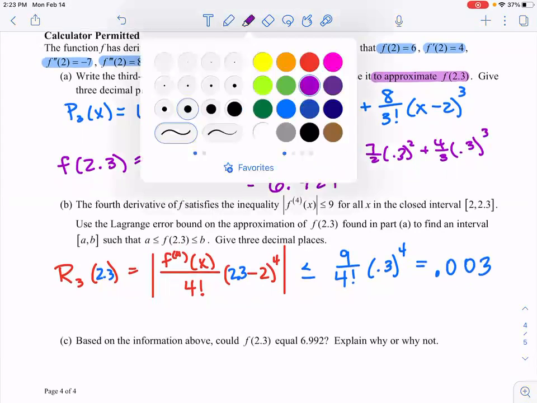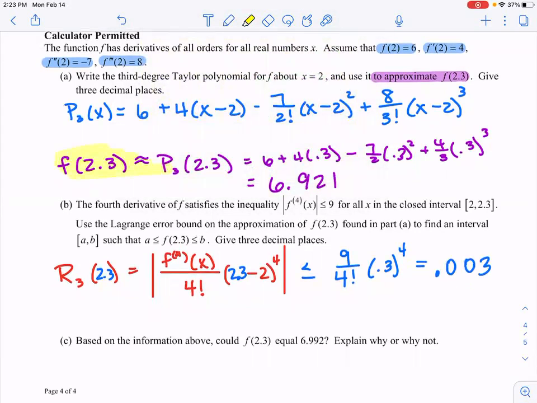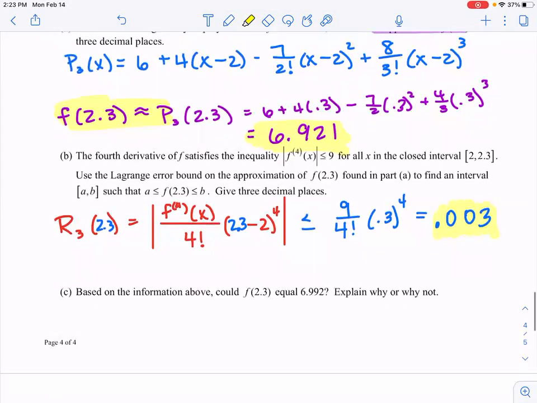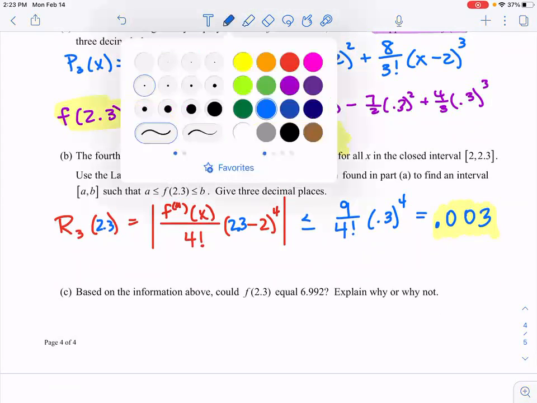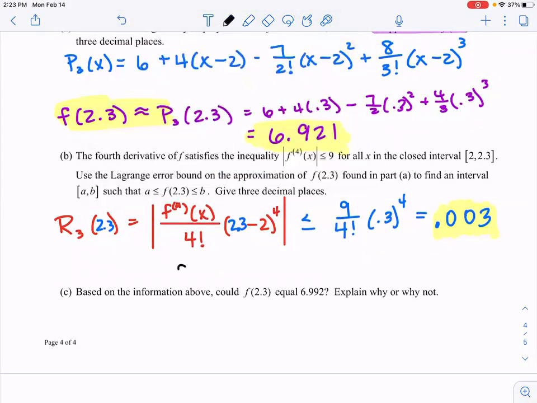So here was us approximating f of 2.3. This is going to be our maximum error. Could f of 2.3 equal 6.992? No, because f of 2.3 is going to live in the interval of 6.924 and 6.918.